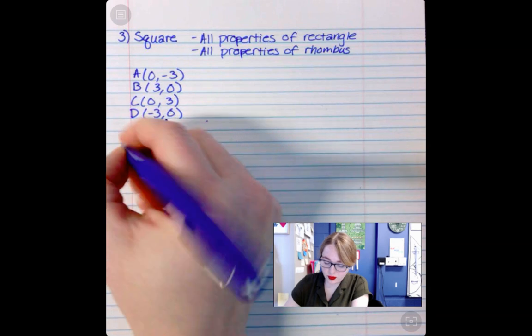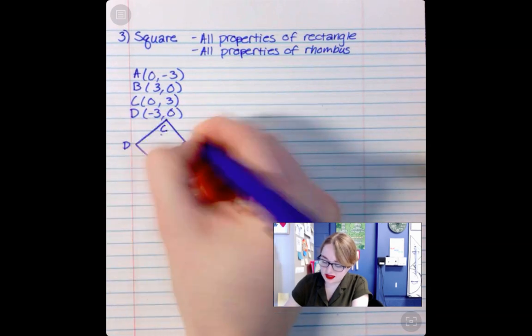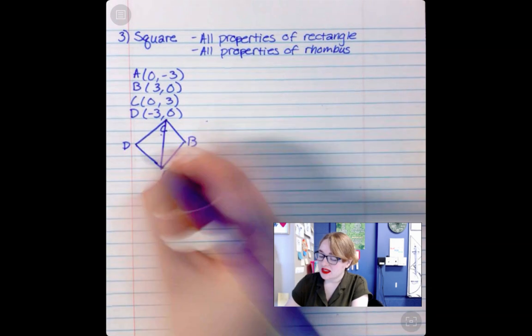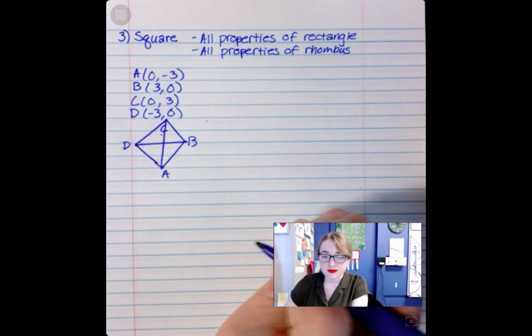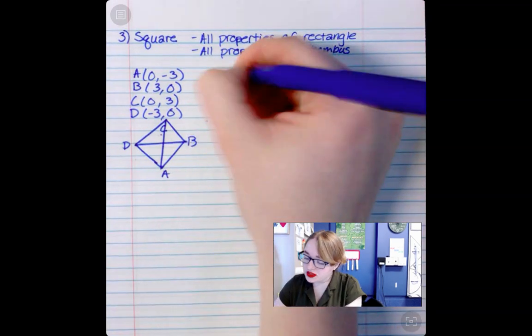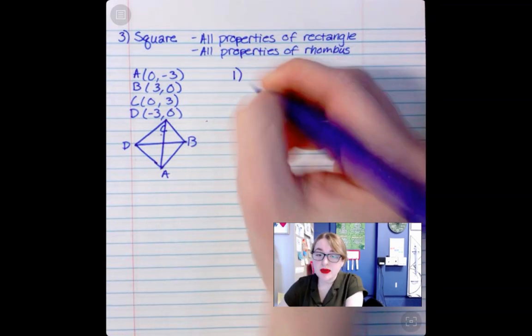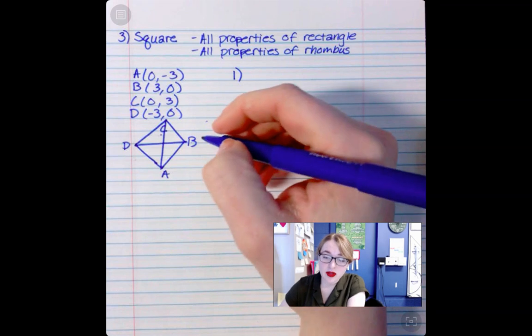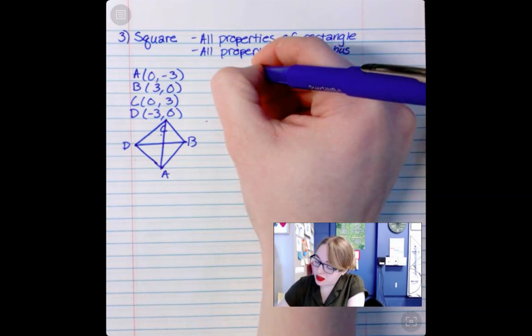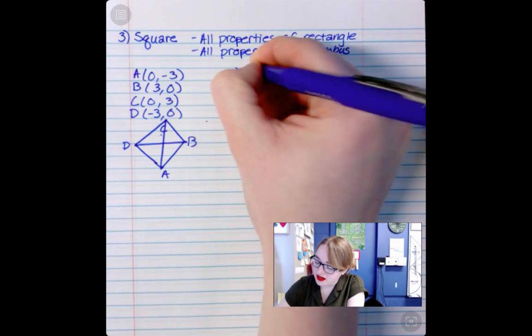So we have points D, C, B, and A. So our diagonals here are A to C and D to B. Okay, so remember the first thing we have to do is test our midpoint to make sure that this shape is a parallelogram, because if it's not a parallelogram, then we just stop. Okay, so we're going to test A to C first.